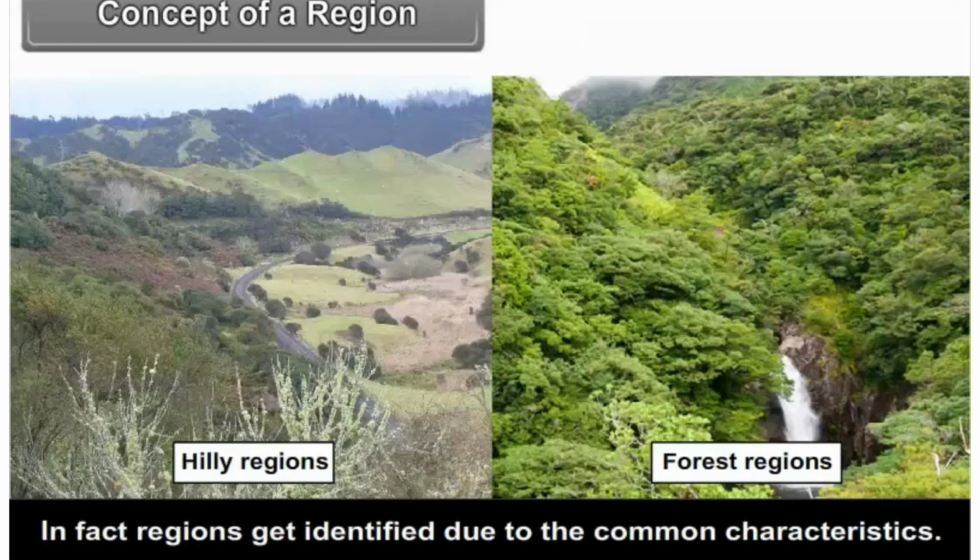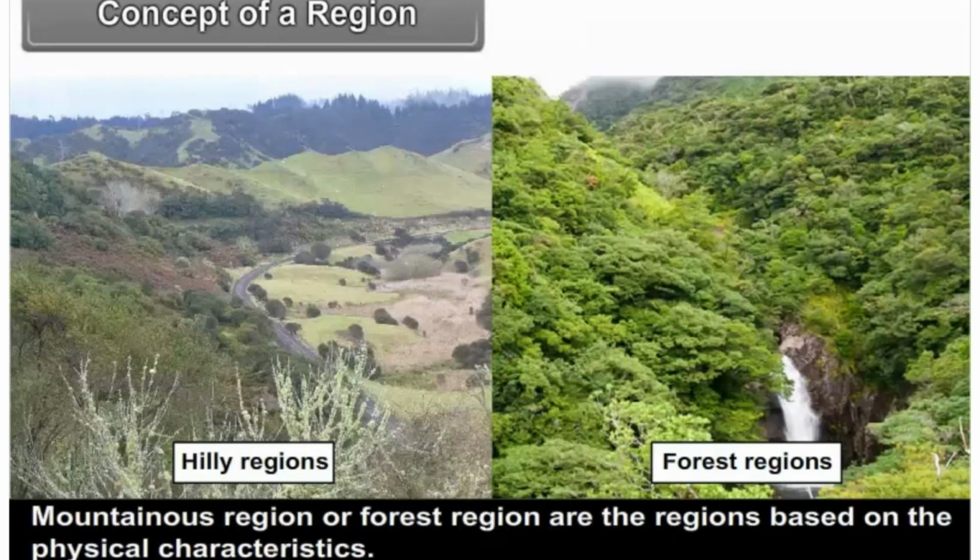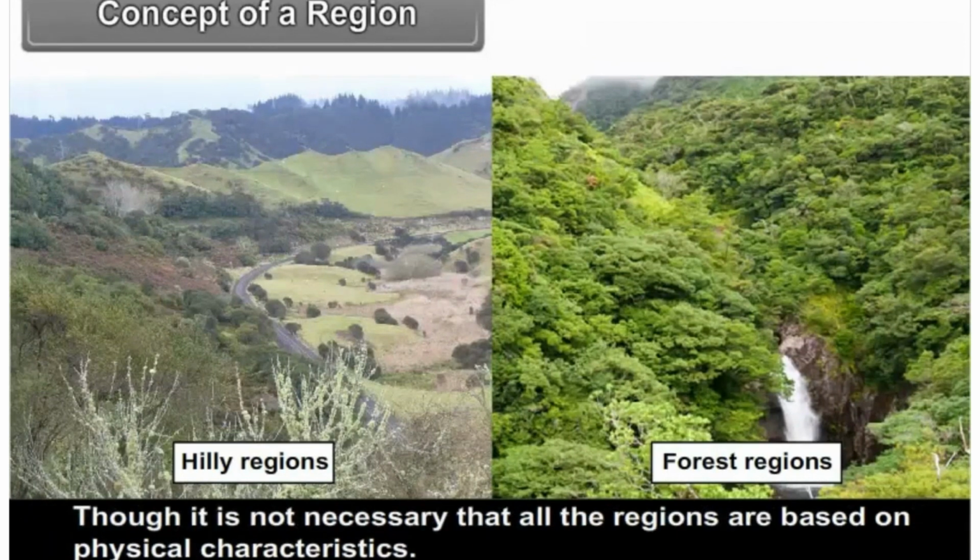In fact, regions get identified due to the common characteristics. Mountainous region or forest region are the regions based on the physical characteristics, though it is not necessary that all the regions are based on physical characteristics.